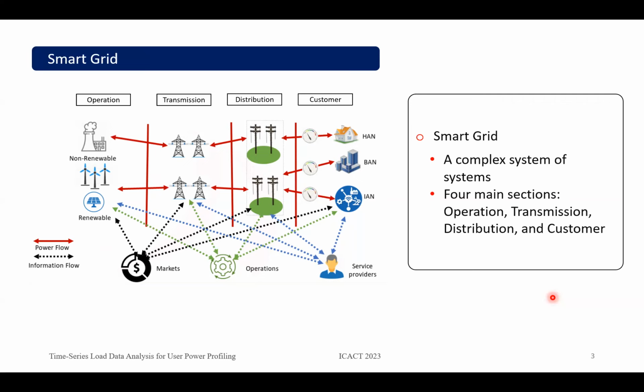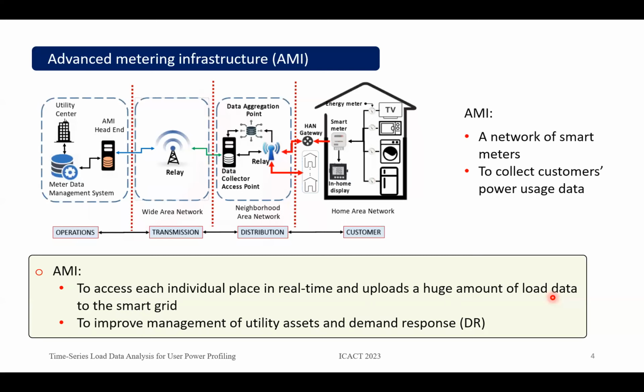But basically, we consider 4 main parts of a smart grid: operation, power transmission, distribution, and consumer.